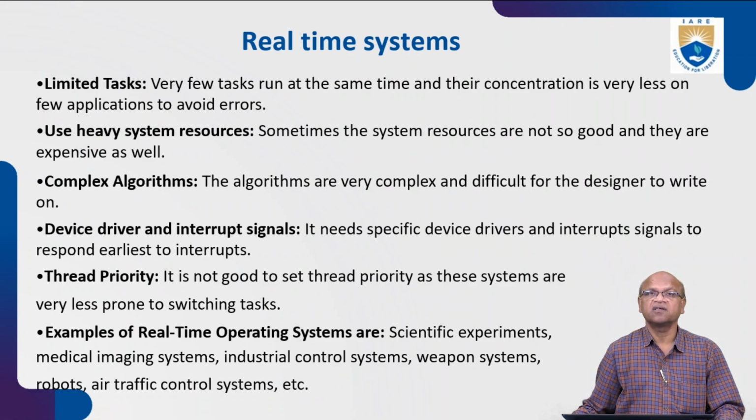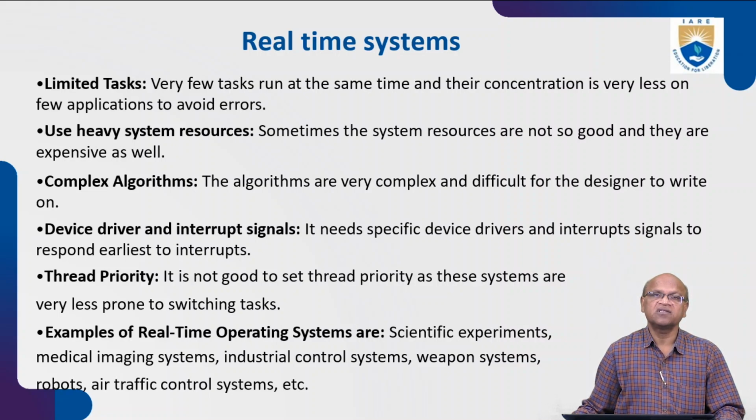Limited tasks: very few tasks are done at a time, and to avoid errors there are few applications. Use of heavy system resources: sometimes the system resources are not so good, and they are expensive as well. Complex algorithms: the algorithms are very complex and difficult for the designers to write.